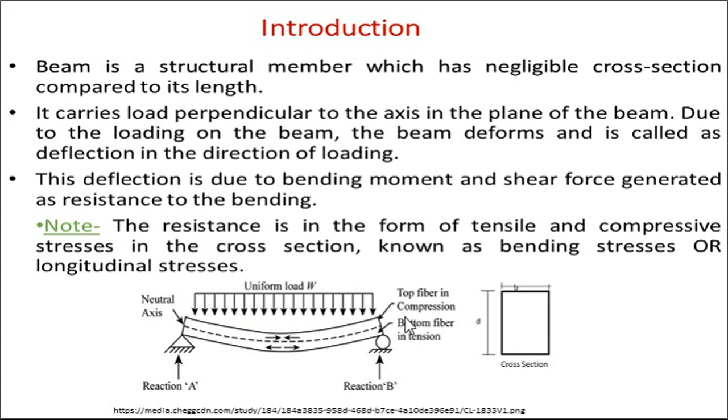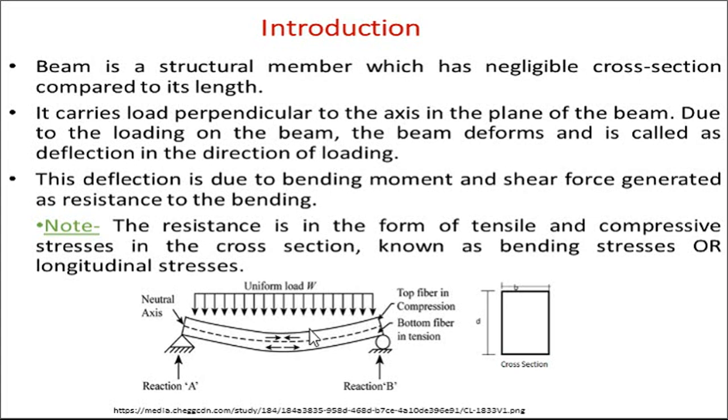The top is subjected to compression whenever a load is applied. Once the beam is bent, the bottom fiber is subjected to tension. So this is the particular theory of bending whenever external loadings are applied.